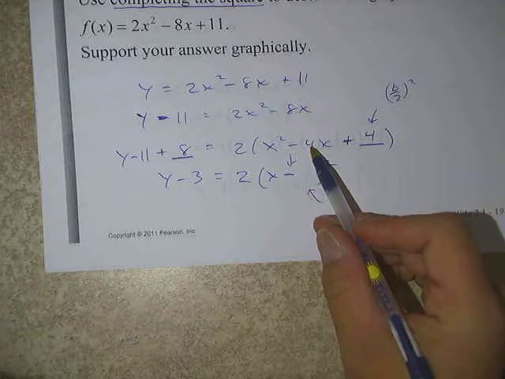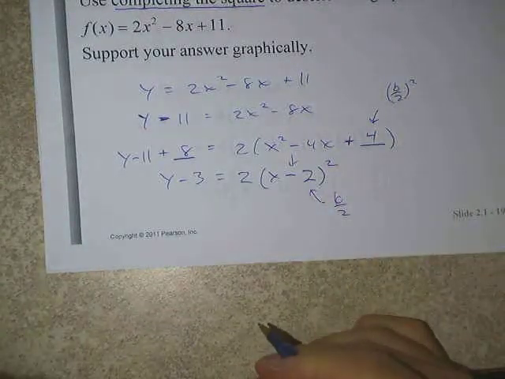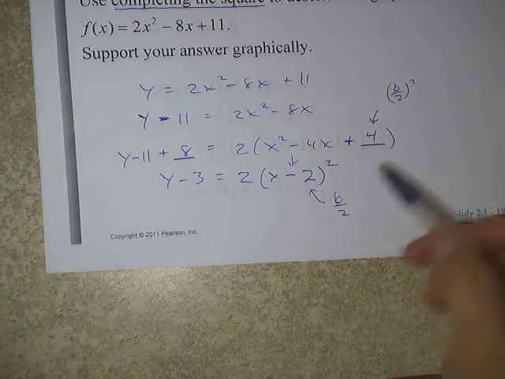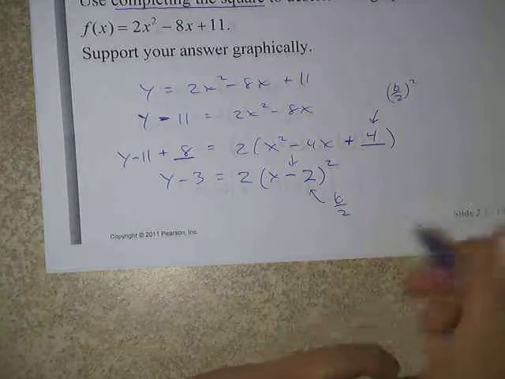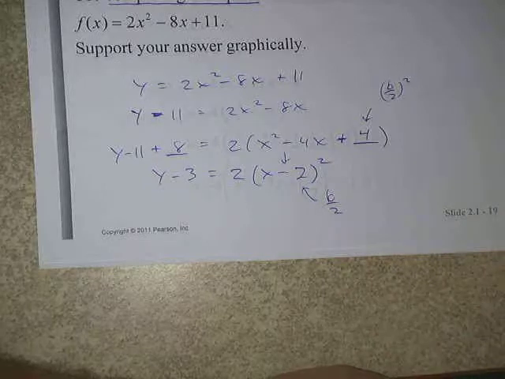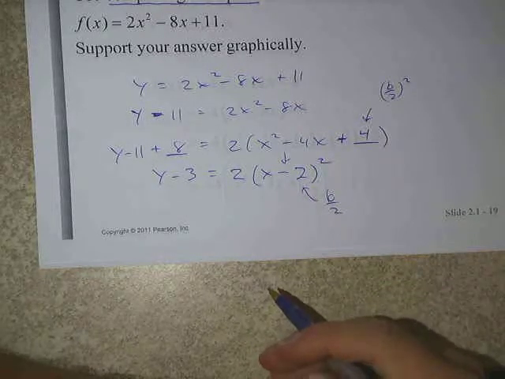And what was b over 2? It was negative 4 divided by 2, which is negative 2. And so that number right there is going to be a 2. So the number that goes here is always b over 2 squared. The number that's going to go here is always just b over 2. Questions? Okay. All right.